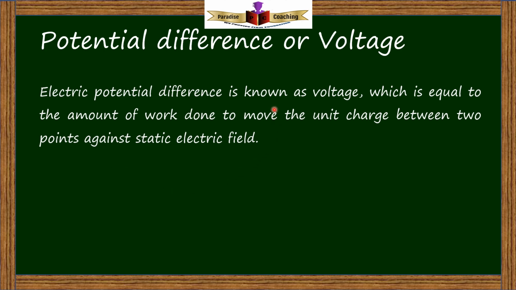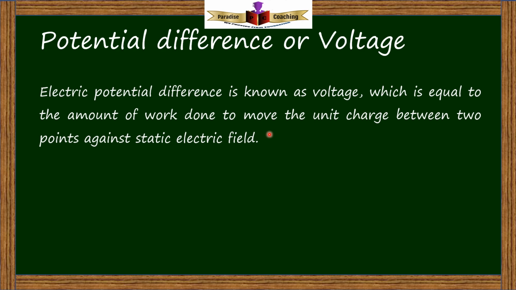Now from where does this electric field come? If you recall, this electric field is provided by the cell or the battery or any source of electricity. And as we know in physics, whenever you are applying force on any object, if the object moves, we say that we have done work.